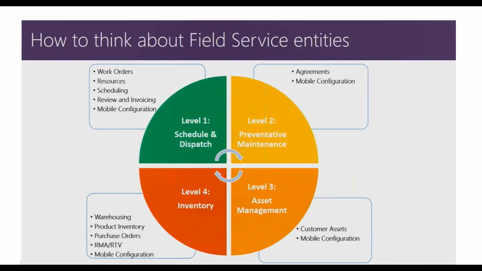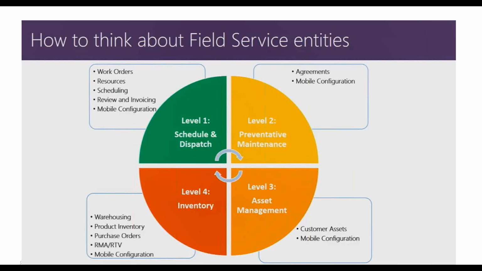So a customer, say, can be really focused on just delivering level 1 out of the gate. They want to try and provide work order functionality, scheduling of resources, building resource skill sets, being able to use the inherent AI that's built into the system to schedule effectively.